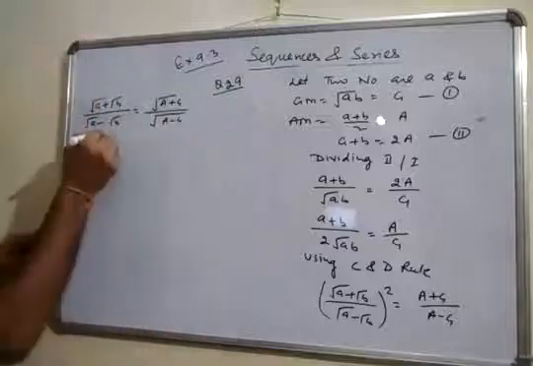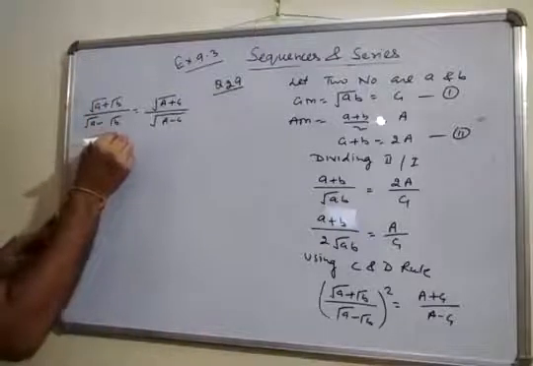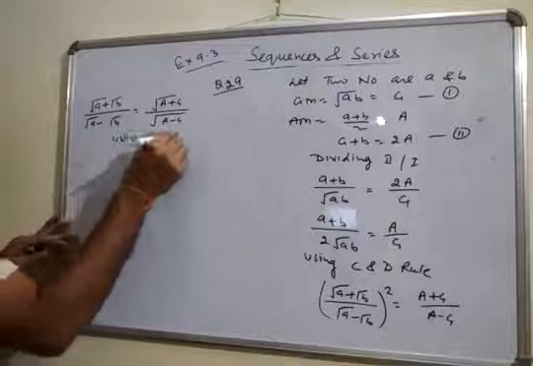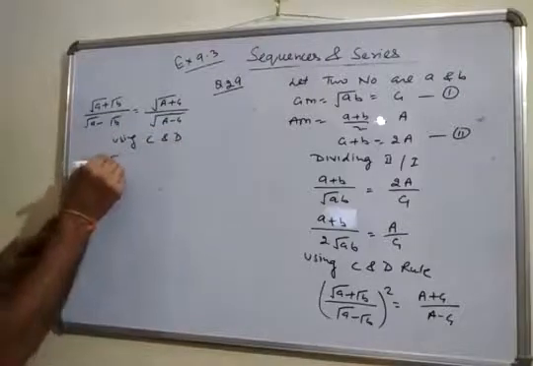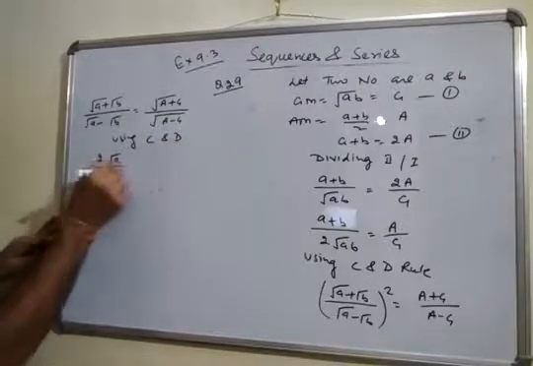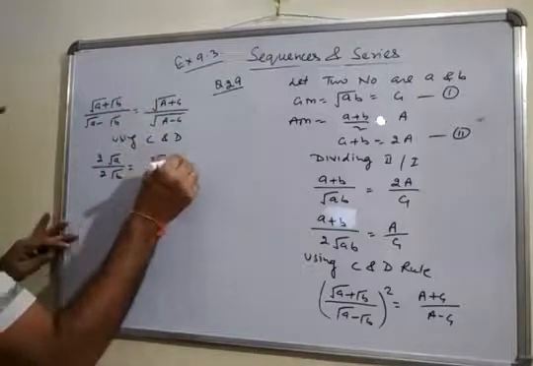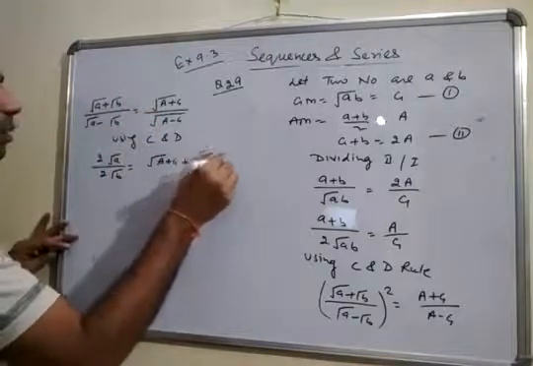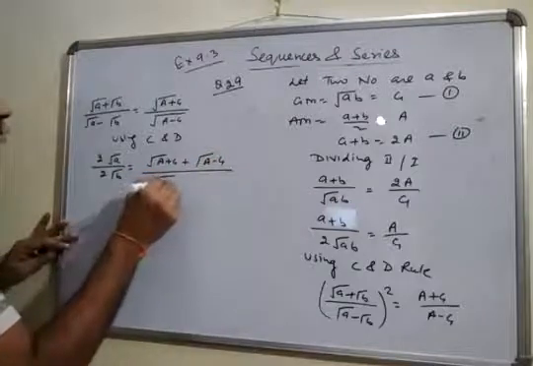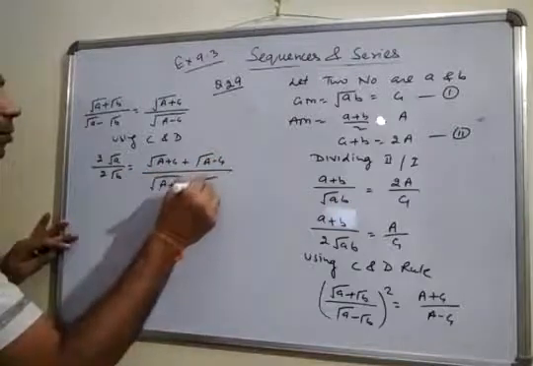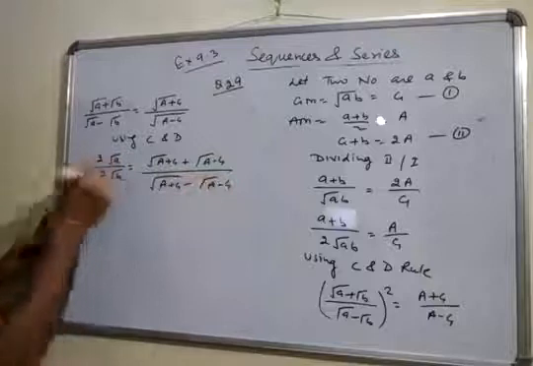Again using componendo and dividendo, what we get? Twice of root A upon twice of root B is equal to (root A plus G plus root A minus G) upon (root A plus G minus root A minus G).